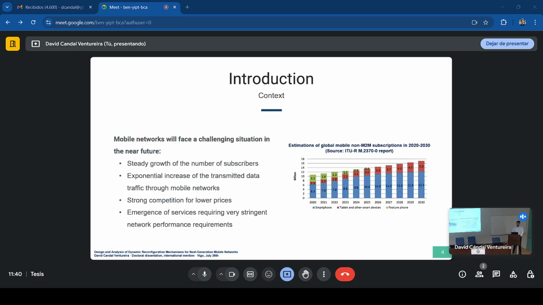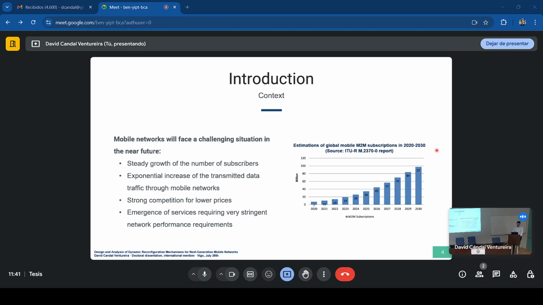Mobile operators are expected to encounter significant challenges in the near future. The number of subscriptions is steadily increasing, with smart devices replacing legacy mobile phones that lack data service capabilities. In addition, an increasing number of machinery devices are being connected through mobile networks to benefit from key characteristics such as ubiquity.